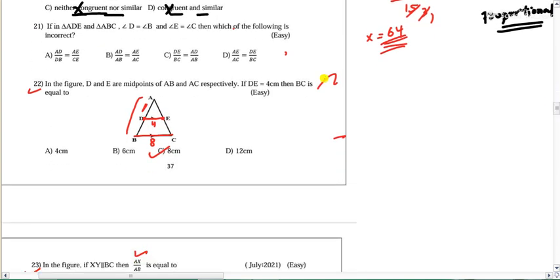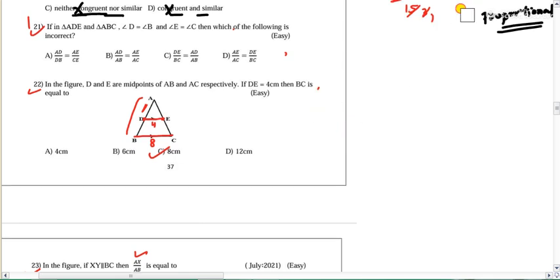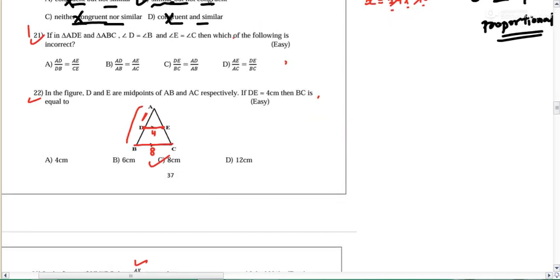Now question number 21. I am not going in order because we have already solved the problems which I am ignoring. Okay, now can you tell me the 21st answer?